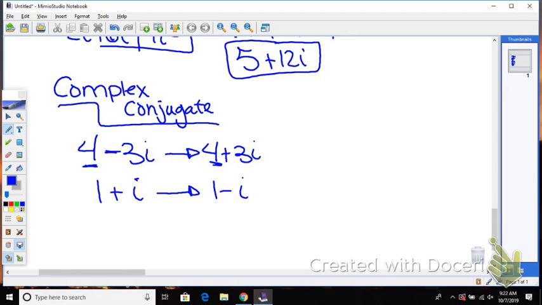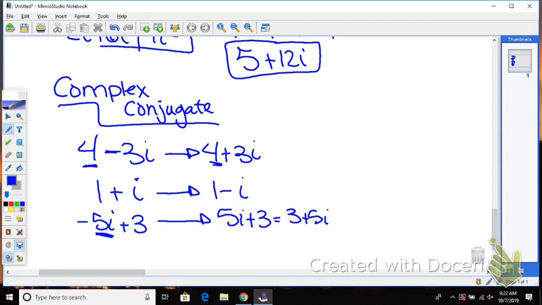Okay, what about this? Let me trick you, or try to trick you. If I have negative 5i plus 3, what's the complex conjugate? 5i plus 3, which in math land, we don't write it that way. You always want to write the imaginary part second. But only change the sign in front of the imaginary part.